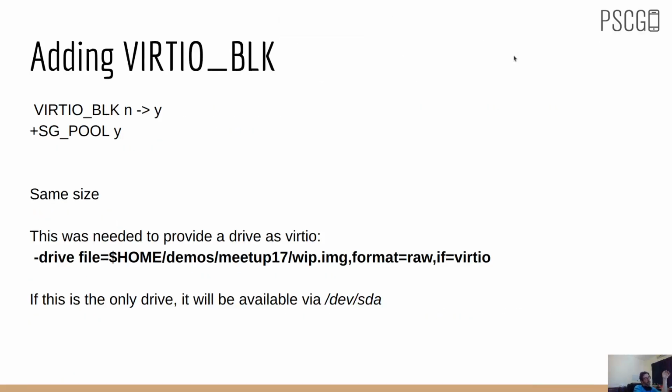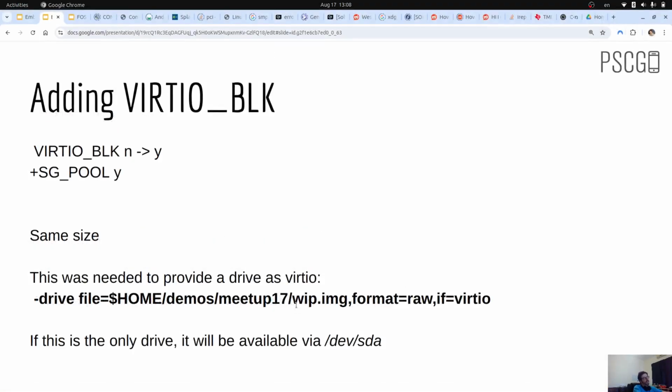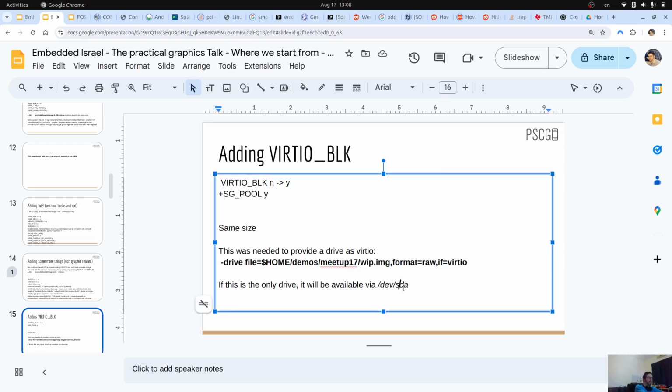Now if we want to actually attach a drive via QEMU, and we want to use virtio, then we need to add a virtio block. So this way the device will actually, this is supposed to be via VDA. This is a mistake, but it depends on the bus, right?